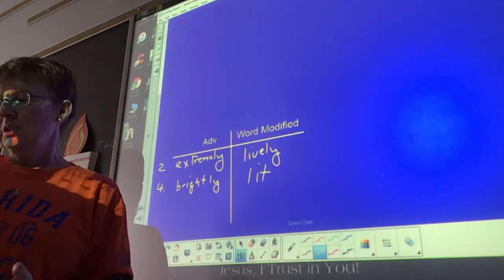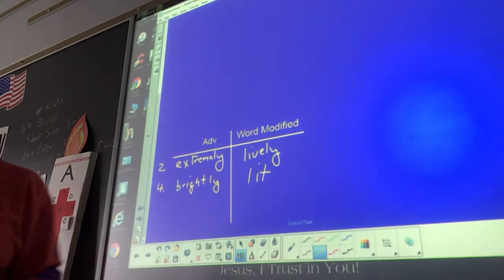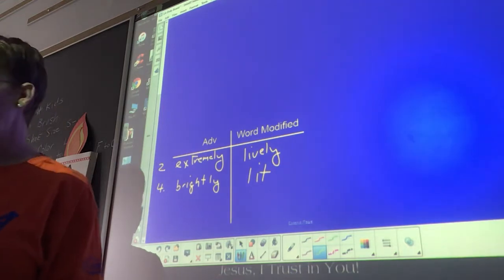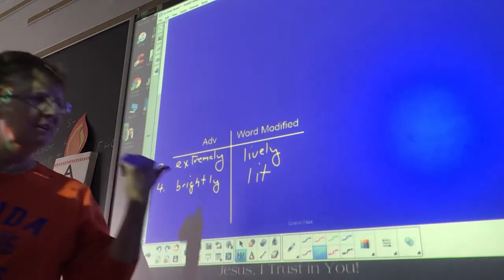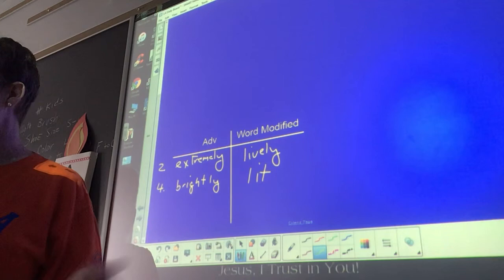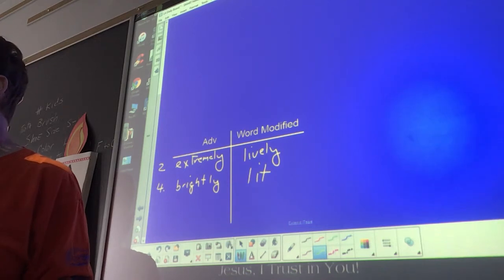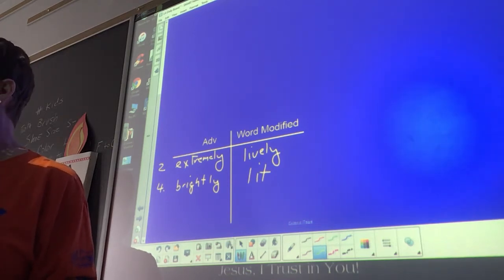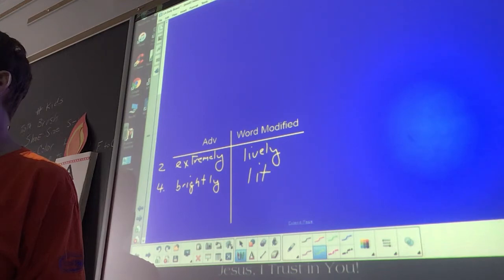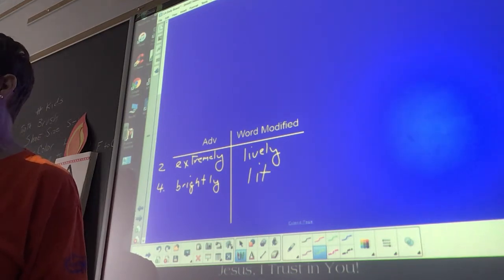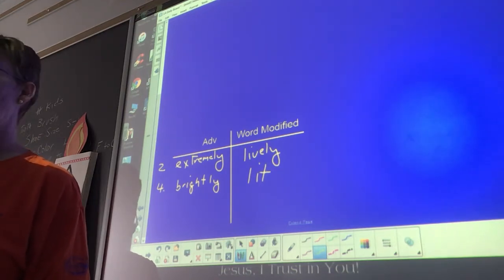Okay, so do your best. On today's assignment, you're going to do 1 through 10, just like I've done these, and then on 11 through 15, they're asking you to fill in an adverb to modify the sentence. It says to fill in an adverb to modify underlined words, but none of the words are underlined. So you're just going to fill in the blank.